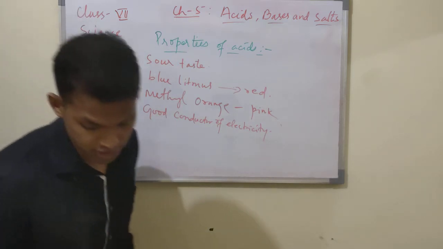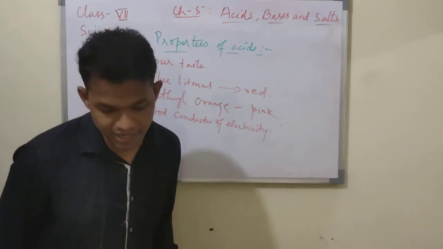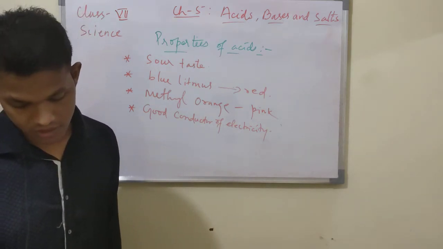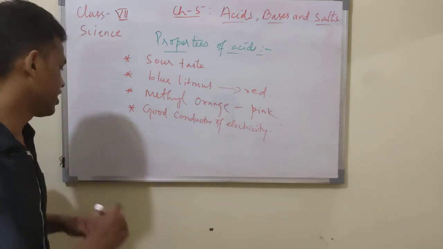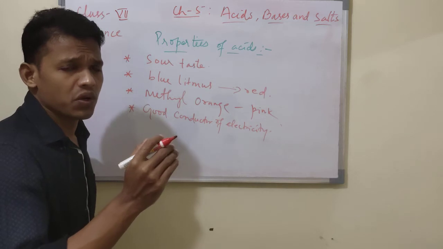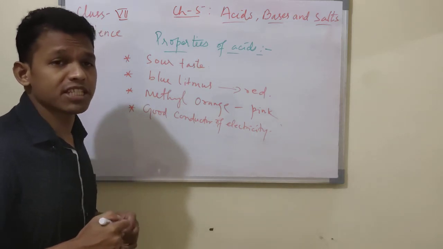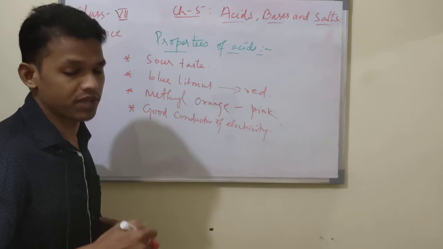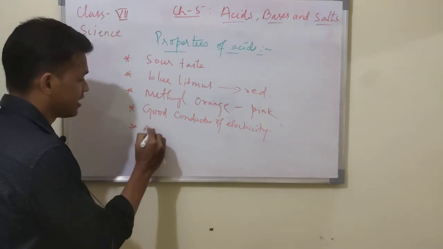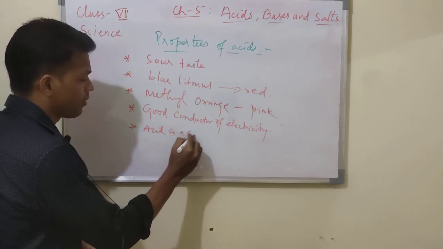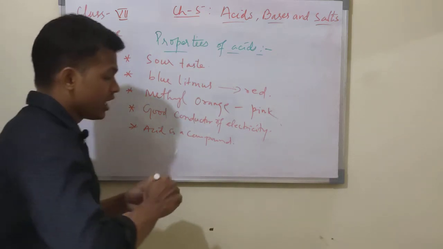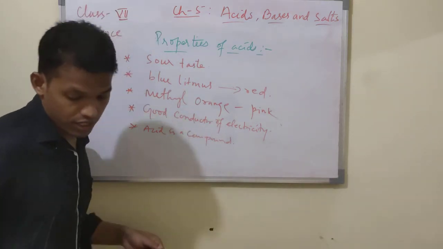To make up an acid, one of the elements must always be hydrogen. For example, a molecule of hydrochloric acid, HCl, contains one hydrogen atom and one chlorine atom.